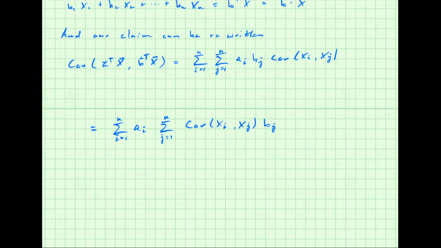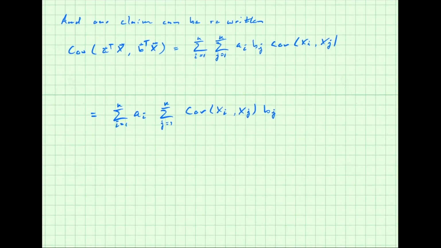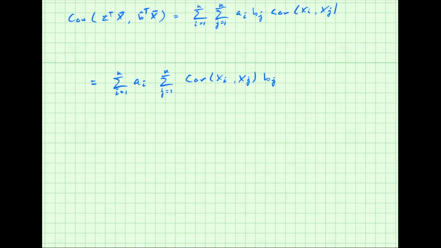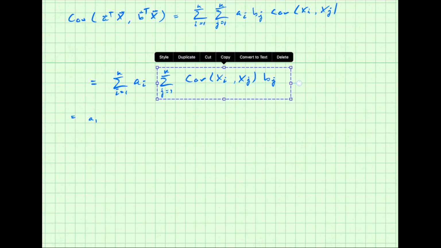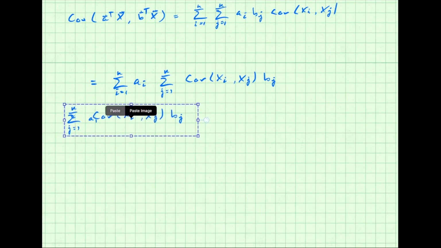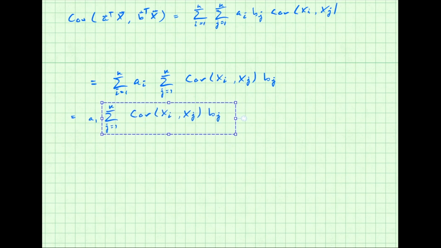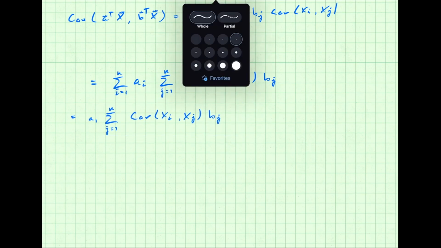So this looks a little bit like trying to make something look like matrix multiplication. All right, and now, let's just really expand that. So we'll expand the i sum. So this is a1 times all this stuff with i equals 1.